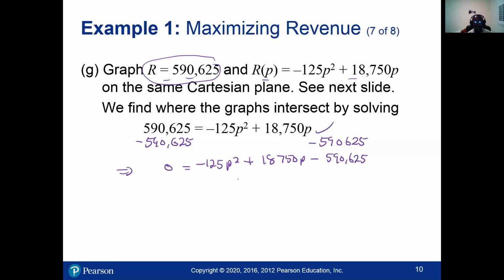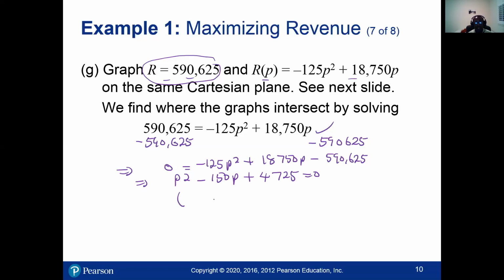If you multiply 2 by 125, then you have this equation here: p squared minus 150p plus 4,725 equals 0.